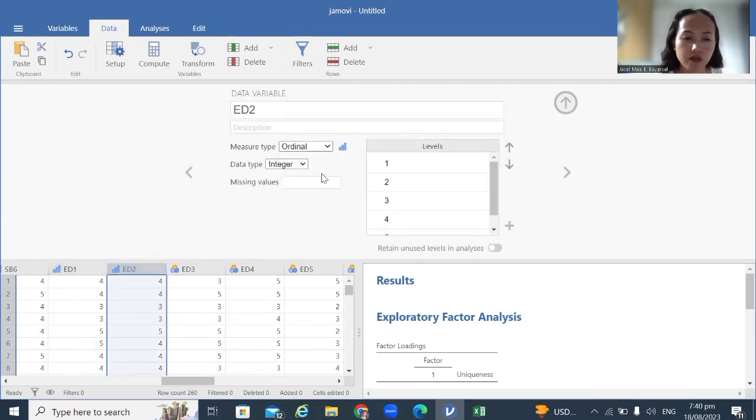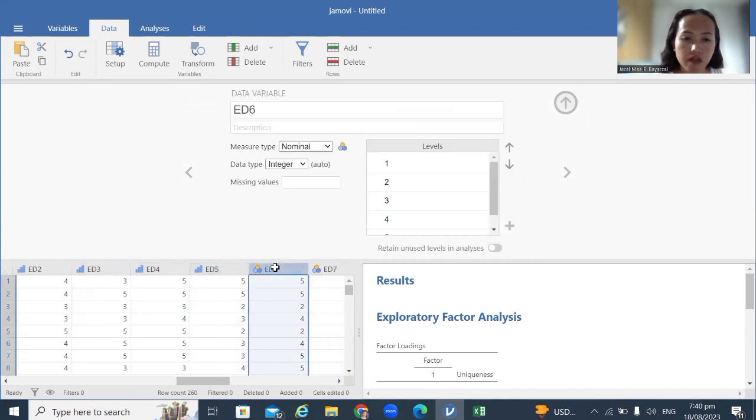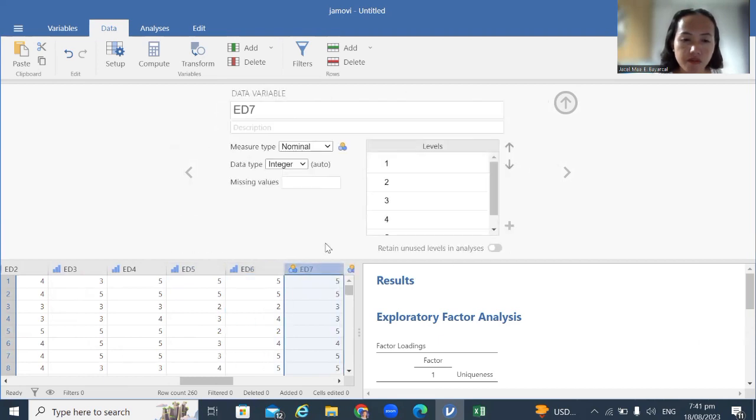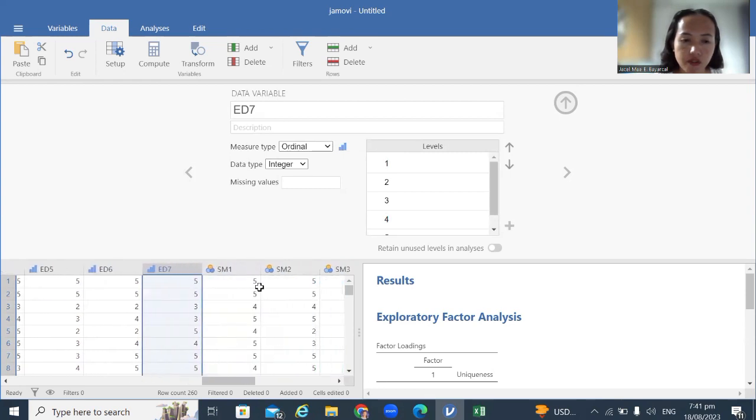Ordinal. So in here, you must see to it that your data is categorized into its correct category, whether it's nominal, ordinal, or other measurement type. So we have here ordinal. SM is system management.